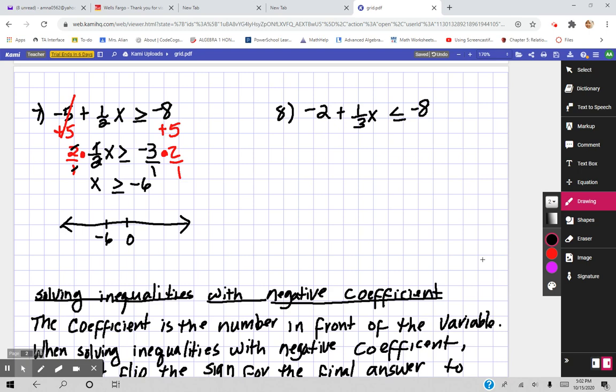Okay, this will also be a closed circle because of the line underneath, because this reads x is greater than or equal to. So it's going to be -6 or anything greater. Okay, so -5, -4, -3, 10, 20, 50, 1,000, 1,000,000, all will be a true solution for this inequality.